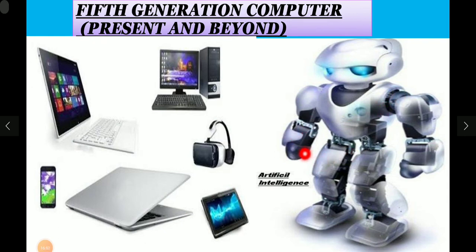The computer shape will totally change and it has its own intelligence like us, and what we say it will do without any slowness or processing problems. That is the goal of the fifth generation computers, which is getting built in the present and beyond, that is in the future.